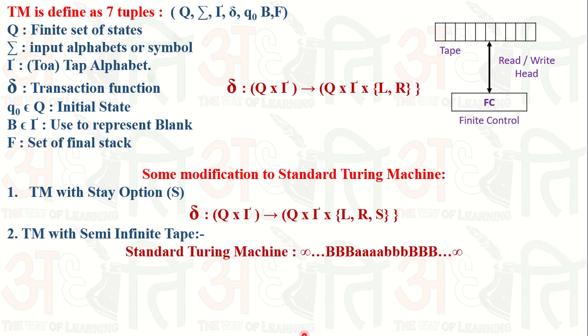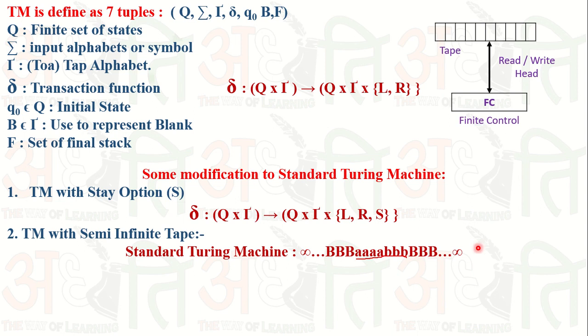The standard Turing machine contains the input string, with a blank at the leftmost side and a blank at the rightmost side, and the tape is infinite on both sides. Whenever a blank comes, it means the input string is over. So the tape length is infinite at the left side and at the right side.